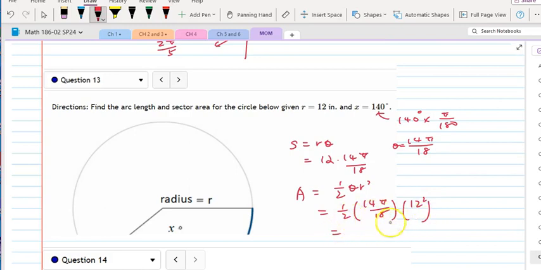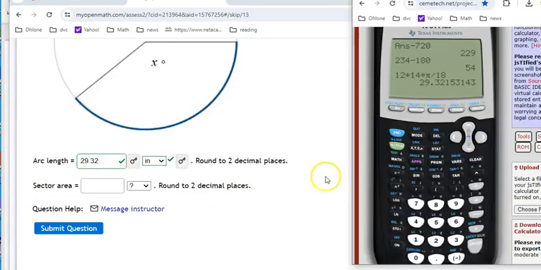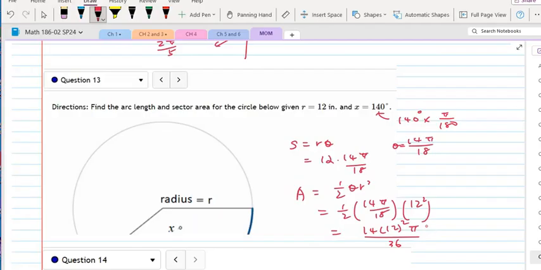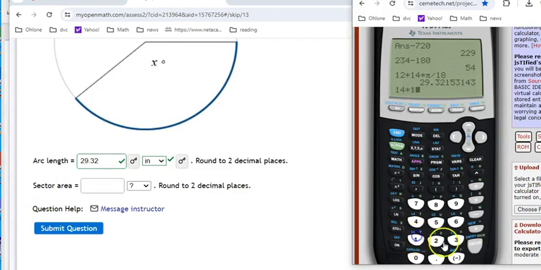So basically just multiply them across. 14 times 12 square times pi over 36, right? 2 times 18. 14 times 12 square times pi over, what was it? 36. 2 times 18 is 36. 175.93.